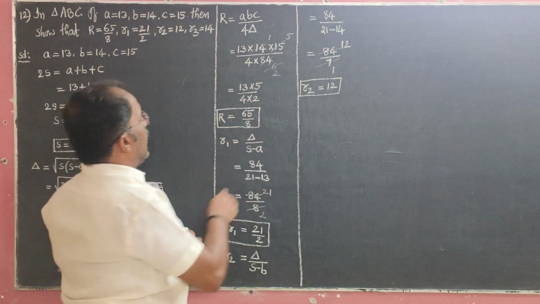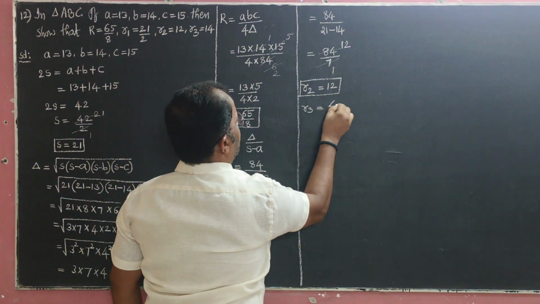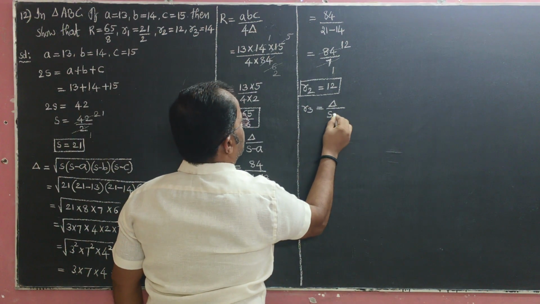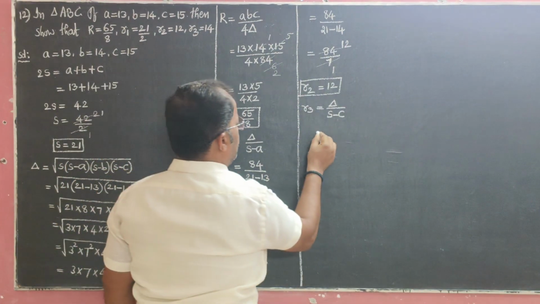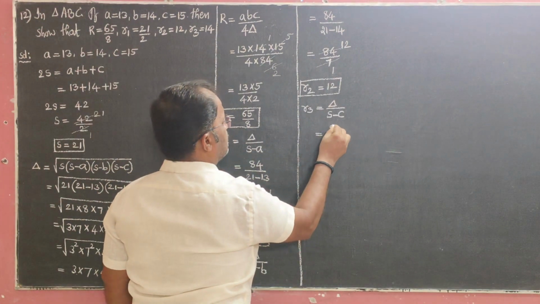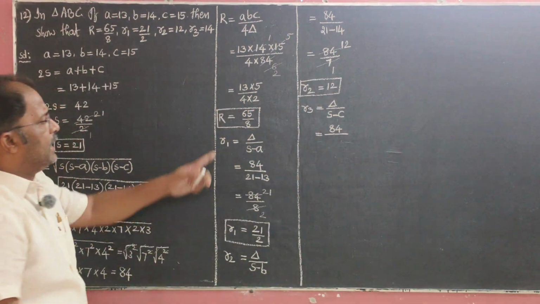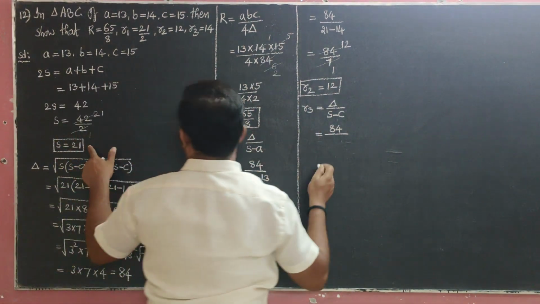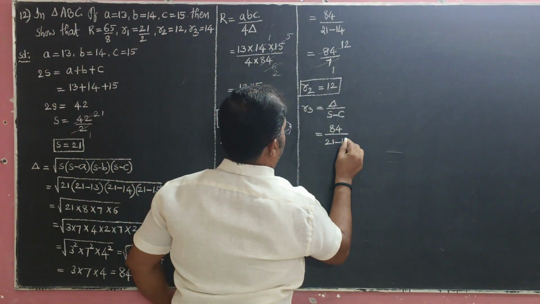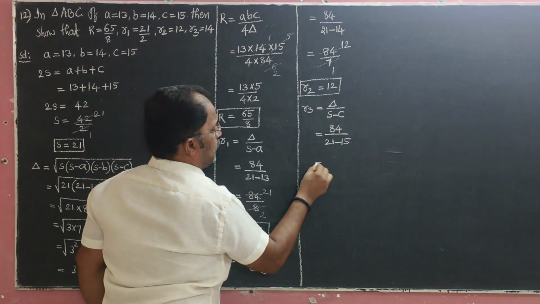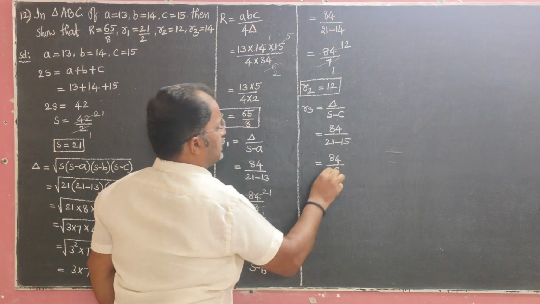Next r3. R3 equals to, what is the formula? Delta by s minus c. Okay, R3 equals to delta by s minus c. Delta value we know already 84, and s minus c, s value is 21 and c value is 15. Clear? Okay, 84 as it is, and 21 minus 15 means 6.